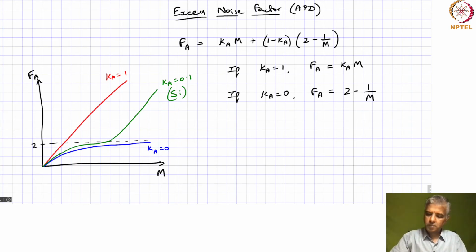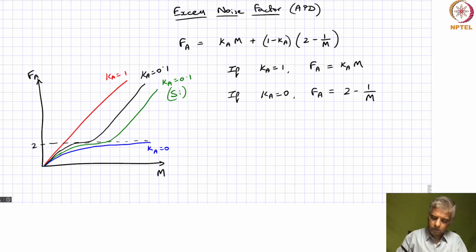Okay, so just to complete the picture, let's actually look at Ka equal to 0.5, and that again is going to look similar to this case of Ka equal to 0.1 at low values, but then as you increase further, it's going to start behaving like the Ka equal to 1 case at higher values of m.